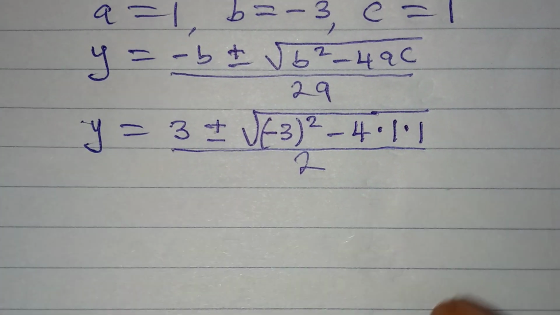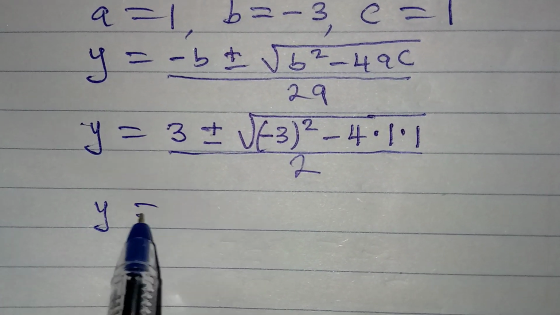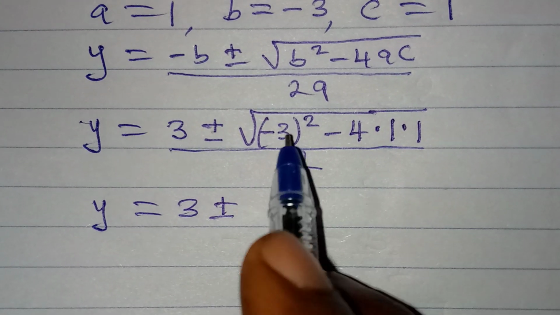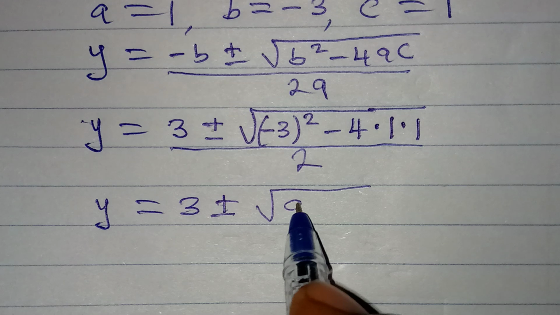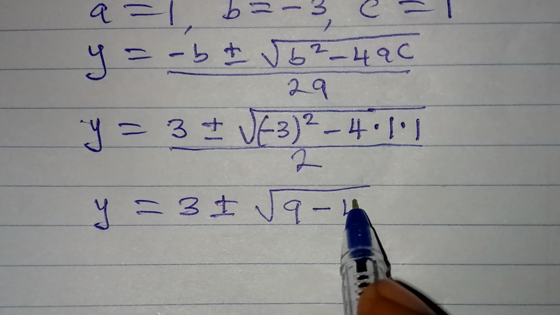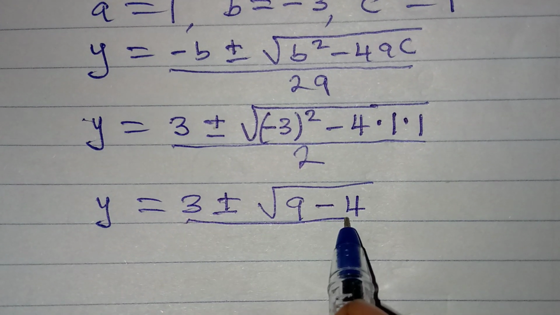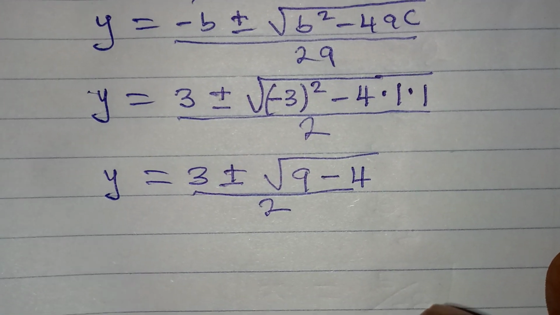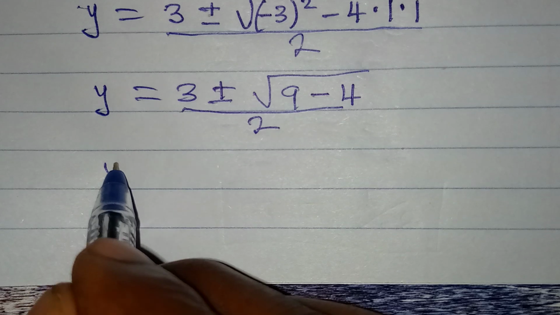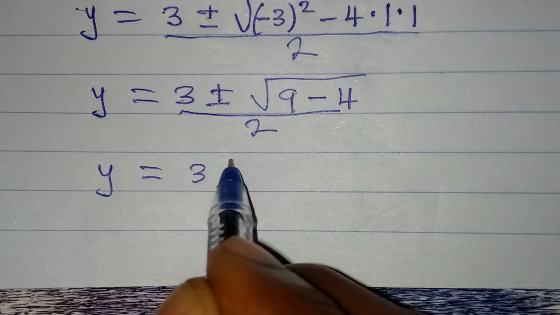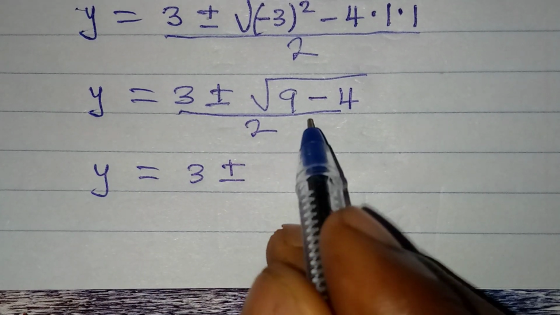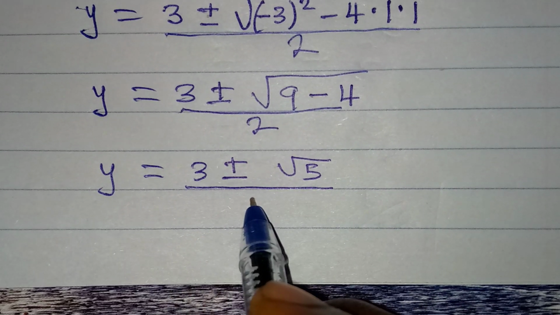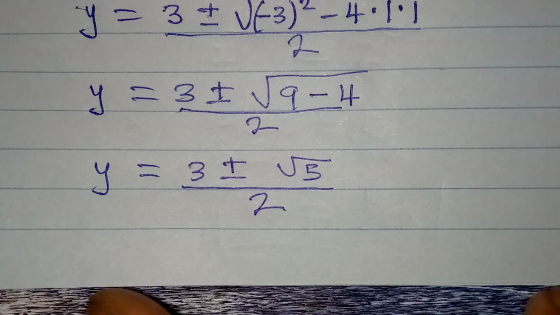And now, if we continue with this, y will be equal to 3 plus or minus square root of 9 minus 4, which is still over 2. Continuing, y is equal to 3 plus or minus square root of 5, and the whole of this is over 2.